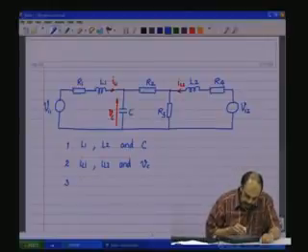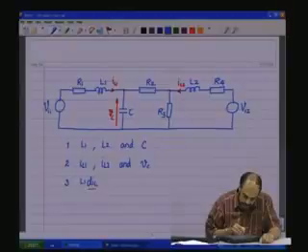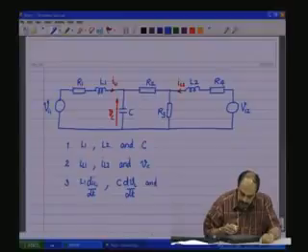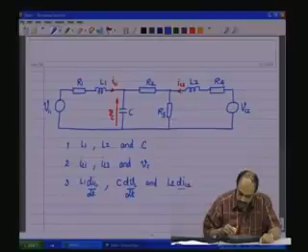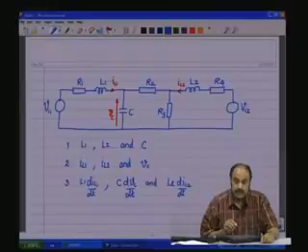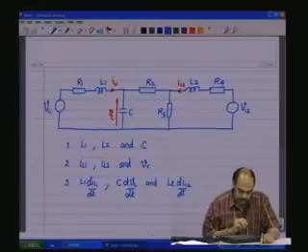First we take the equation around L1, dIL1 by dt, and then we take the equation around C, dVC by dt, and then the equation for L2, dIL2 by dt. So, these are the three dynamic equations that we need to formulate, which will finally describe this particular circuit completely.